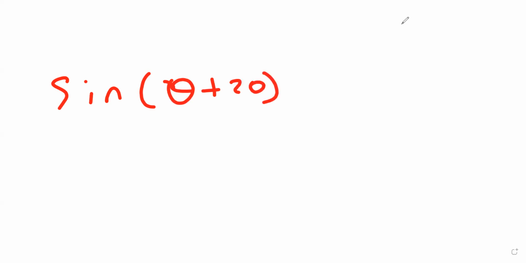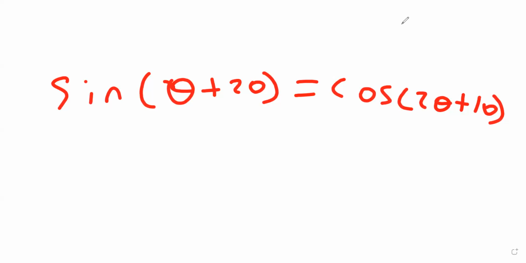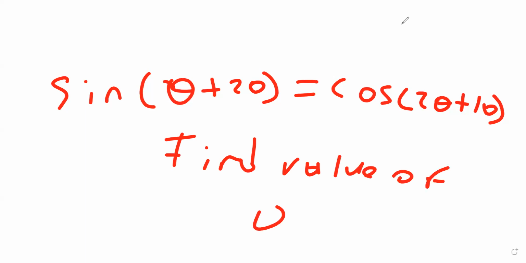Let's look at another question, when we have an equation looking like this. Let's say sine of theta plus 20 is equal to cos of 2 theta plus 10, and I want to find the value of theta.